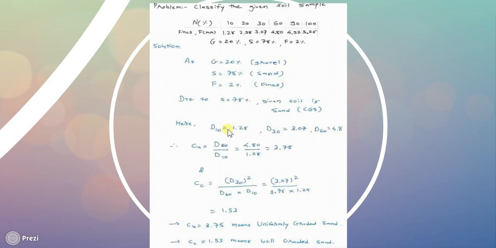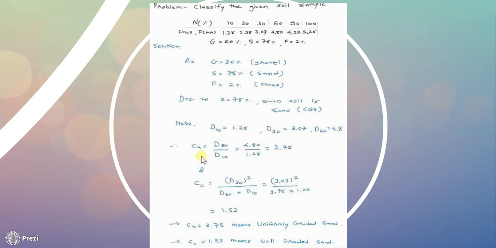Now D10 is equal to 1.28 mm here, D30 is equal to 3.07 mm here, and D60 is equal to 4.8 mm here. Now I will find Cu and Cc. Coefficient of uniformity Cu is equal to D60 by D10. Now I'll put in the values, and I get Cu as 3.75.